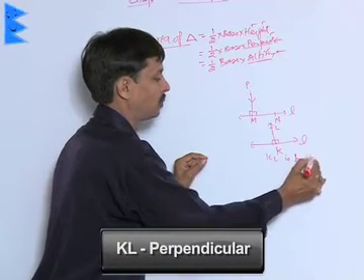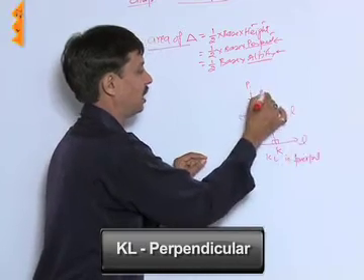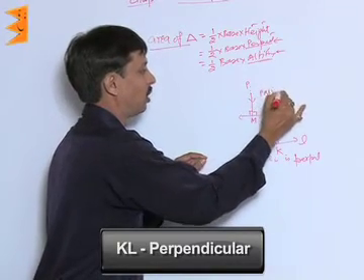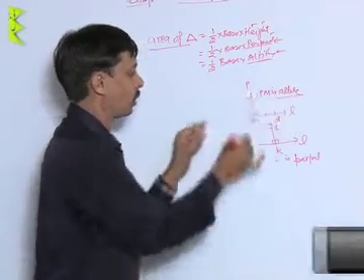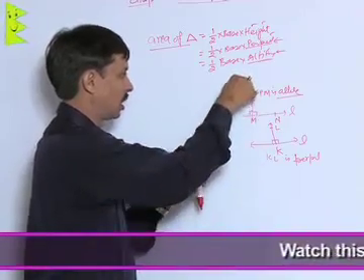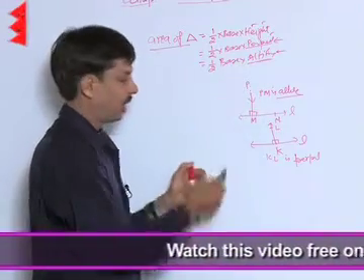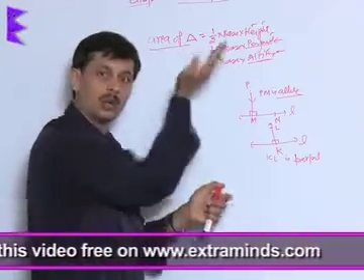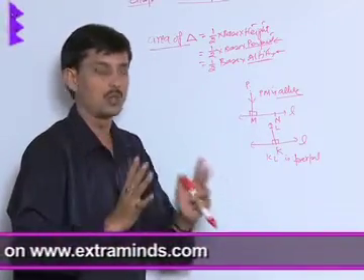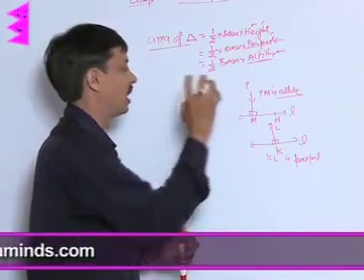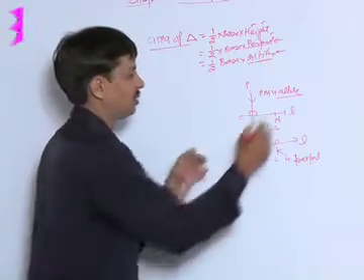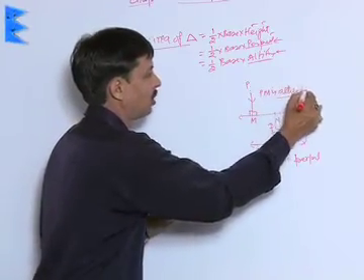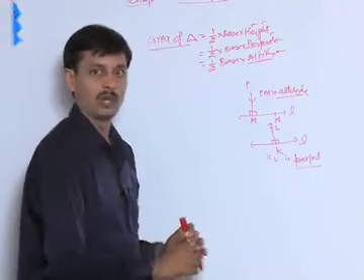We say KL is perpendicular, whereas PM is altitude, because it is coming from up to down, and KL is perpendicular because it is from the line to the upper side. So there must be a very specific clarification of the difference between altitude and perpendicular.